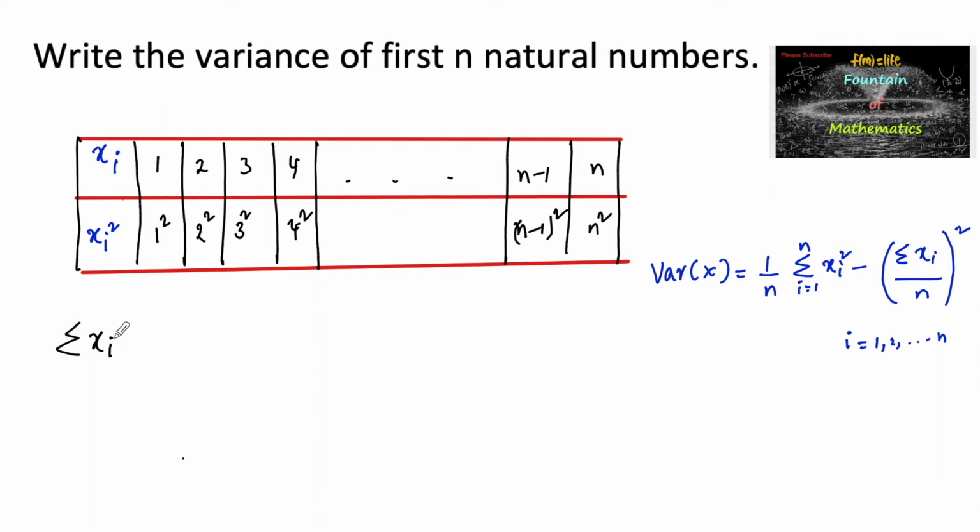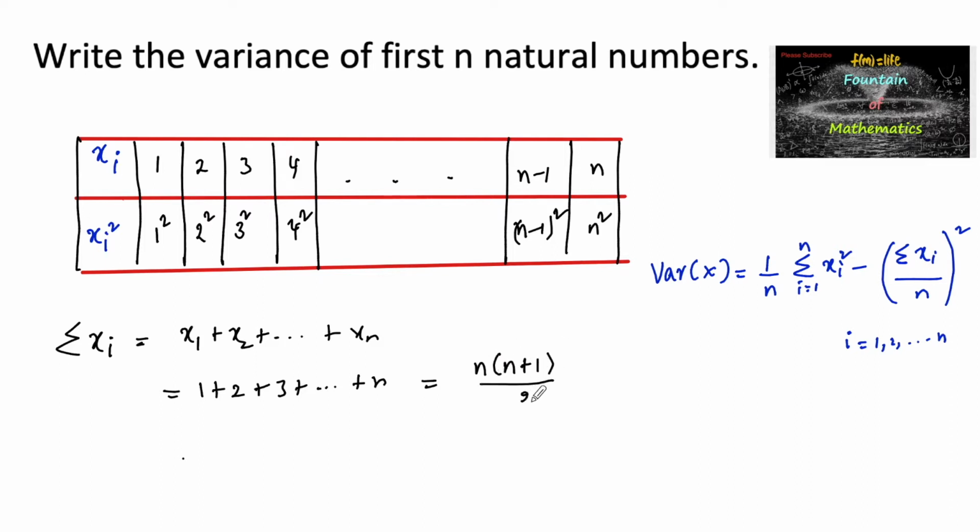Sum of xi is nothing but sum of the observations, that is x1 plus x2 plus and so on xn, that is 1 plus 2 plus 3 plus and so on n. It's a sum of first n natural numbers. We had a formula: sum of n natural numbers is n into n plus 1 upon 2.